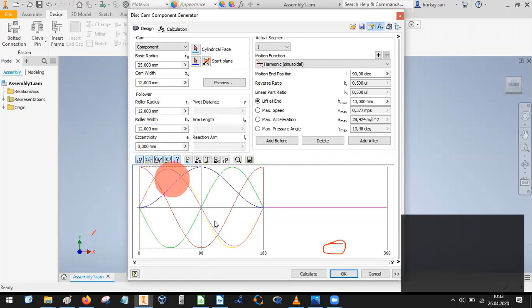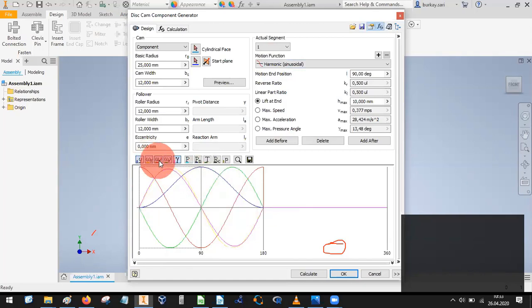The colors here indicate the blue one is our lift, which we are going to deal with mostly. The other possible graphics here are its derivatives according to our entries. Here, what I'm going to do is first click on each side. I will only keep the lift point here.